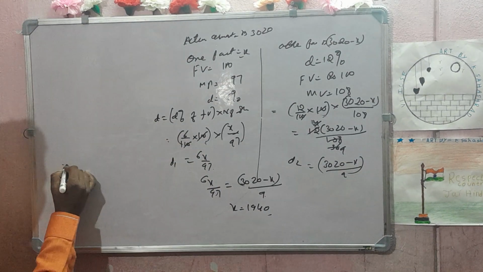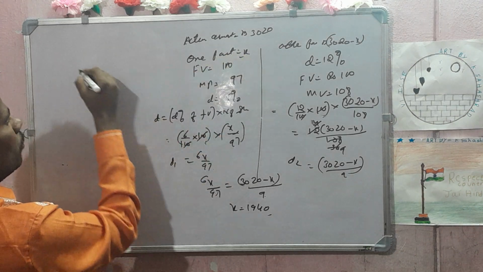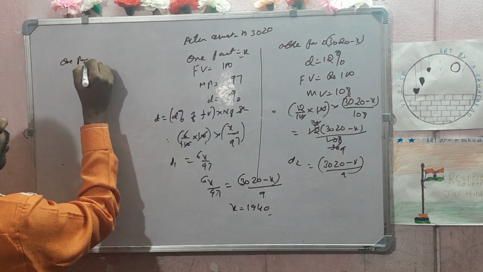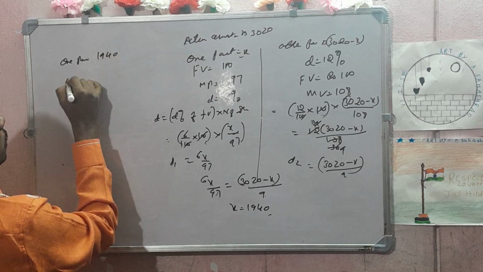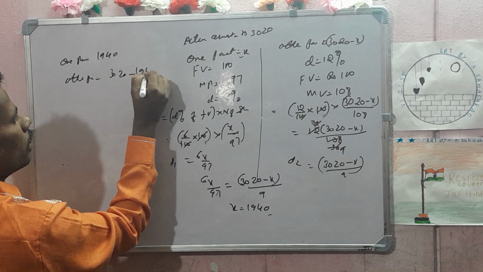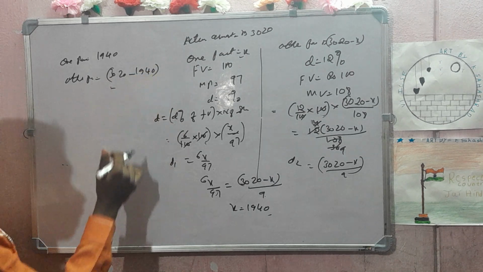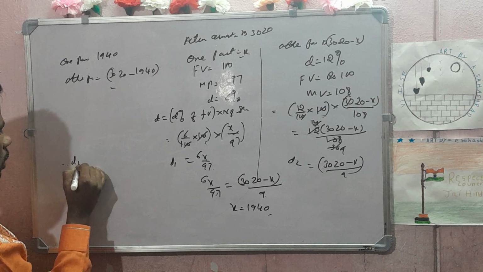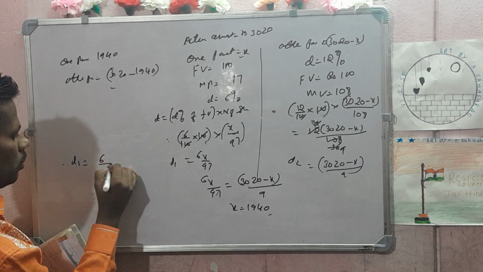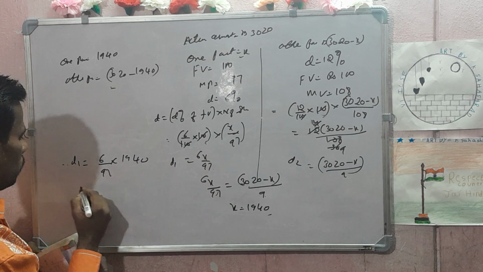So now therefore, one part is equal to 1940, the other part is 3020 minus 1940. This one you calculate and write down. So D1, dividend 1, is 6 by 97 into 1940. You calculate this one.